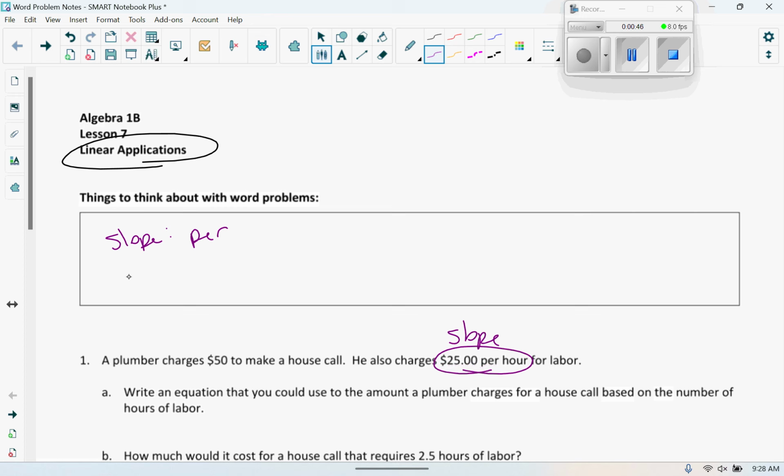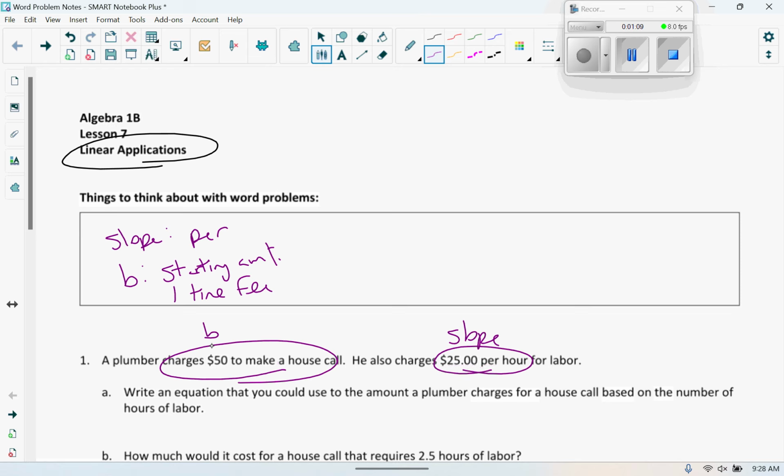And anytime you have your B, your y-intercept, that's like your starting amount, or it's like a one-time fee. Like right here, that $50, they're just charging one time to make a house call.